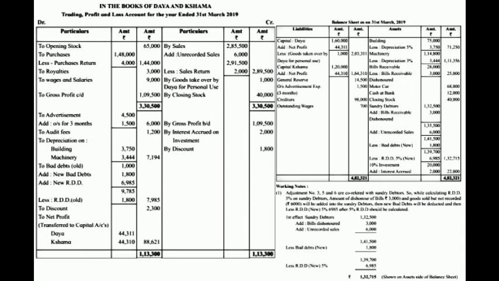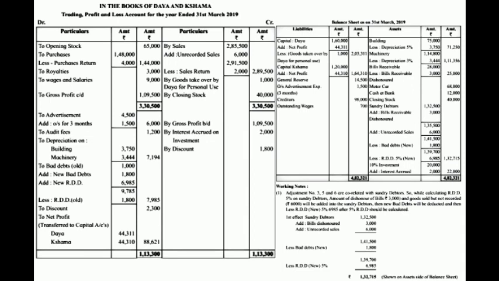We will get the amount as 44,311 and 44,310. As the last figure of the net profit is 1, you will not get an exact round figure. So we have to adjust 1 rupee either in Daya or in Kasma. Over here they adjusted it in Daya. They gave 1 rupee extra to Daya. So total comes to 44,311, and for Kasma it's 44,310.